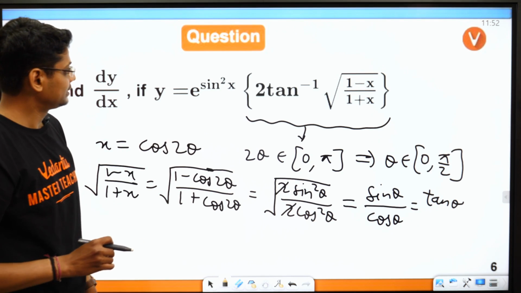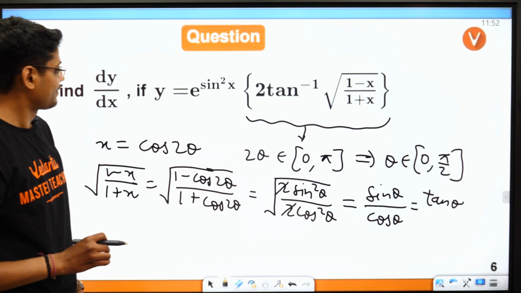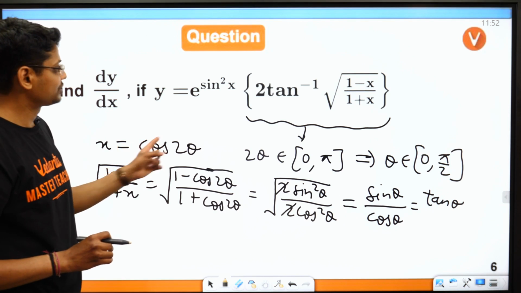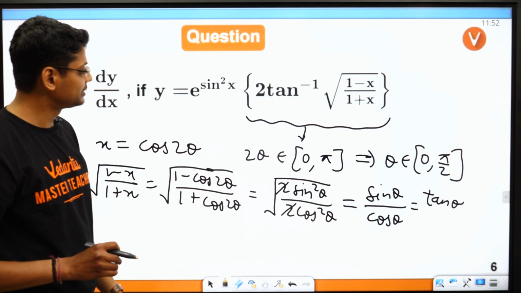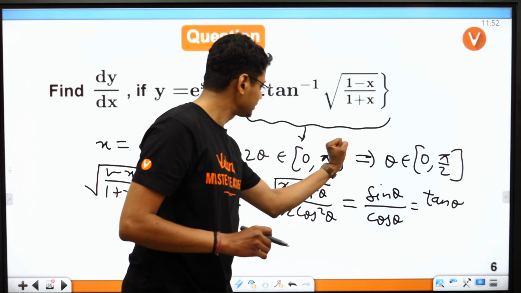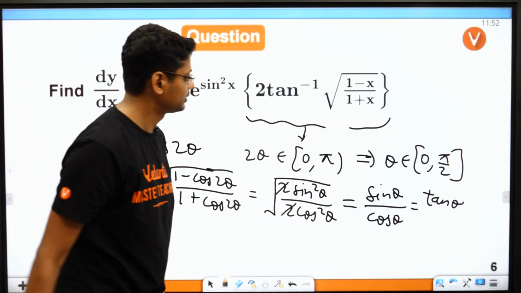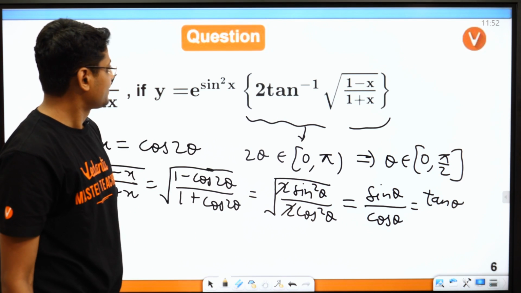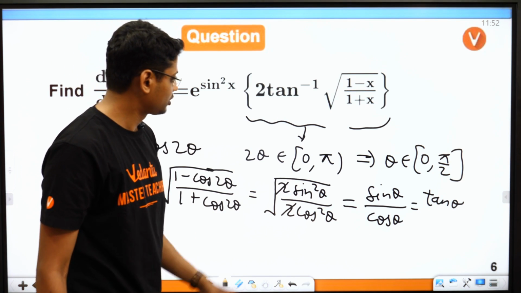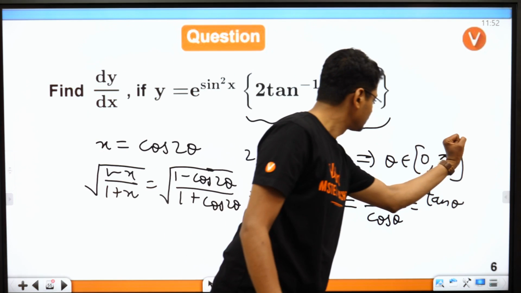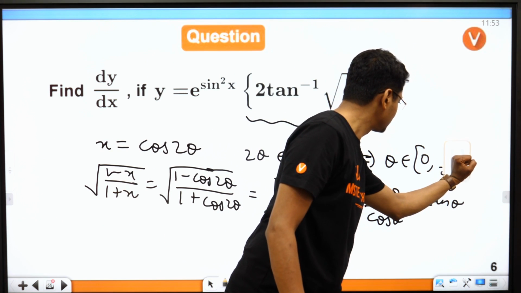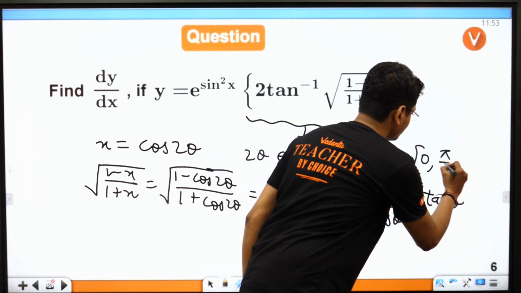So basically x should not be minus 1, so that means it should not be pi. Alright, like this it can be reasoned out. And so theta should not be pi by 2.